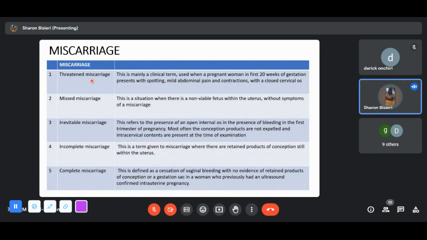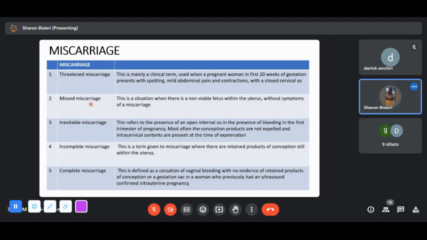That is a threatened miscarriage. It can still be carried on. Before, I think it used to be 24 weeks. So now the first 20 weeks, the internal os is closed, the fetus is viable, has a fetal heart rate, but there is spotting. That will be threatened.